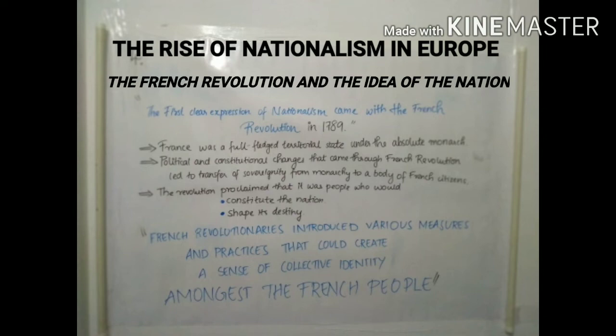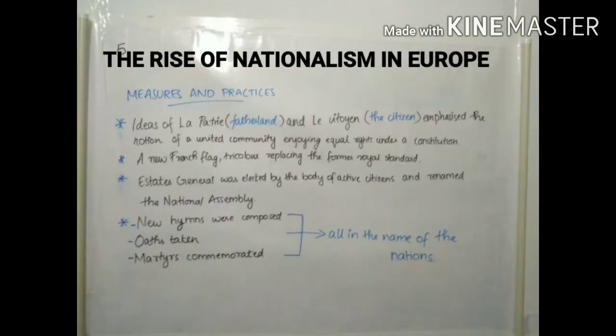So the French revolutionaries introduced many measures and practices that could create a collective identity in the mindset of French people. Here come the points to be noted. First point, the ideas of la patrie, meaning fatherland, and les citoyens, meaning citizens, were to have equal rights under the constitution. A new French flag of tricolor was introduced.